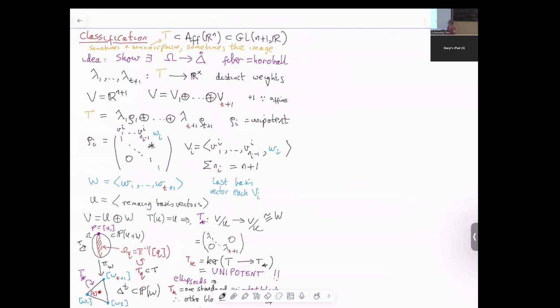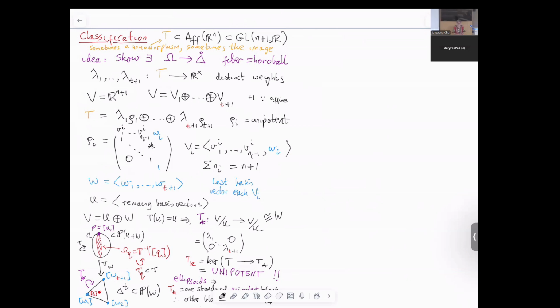So the idea of the proof is if somebody hands you a translation group, well, you get this convex subsurface, you get a domain, and we want to prove there is a linear map from Euclidean space to a smaller dimensional Euclidean space that sends this domain to the interior of a simplex. And the preimage of a point is a horoball.